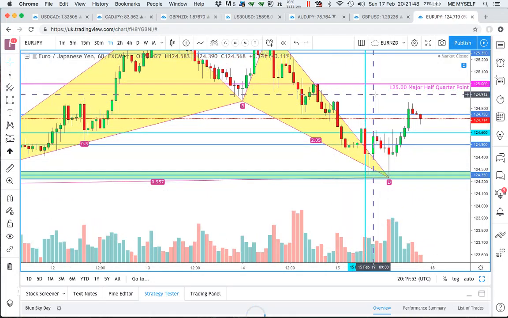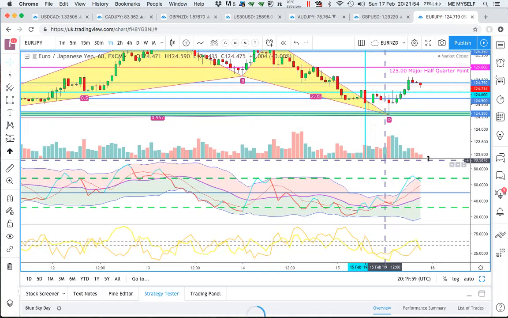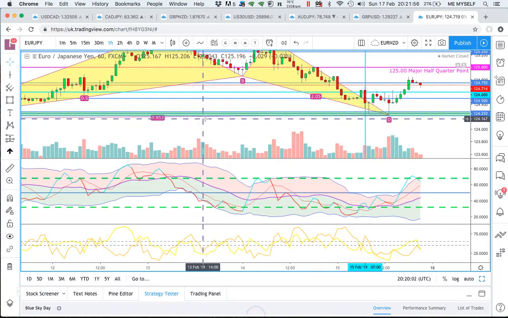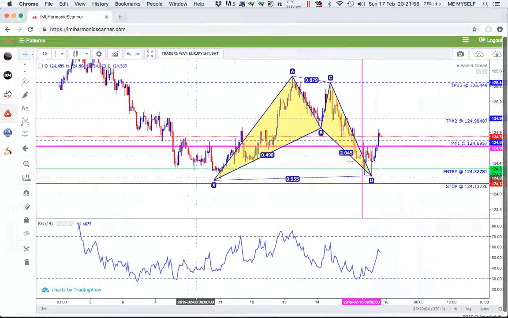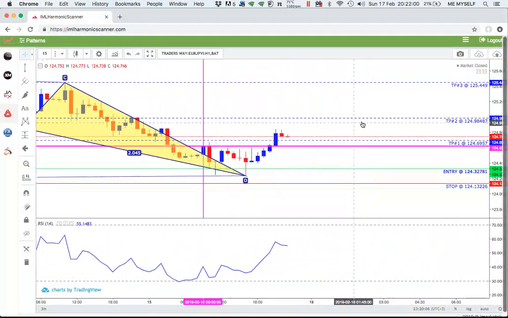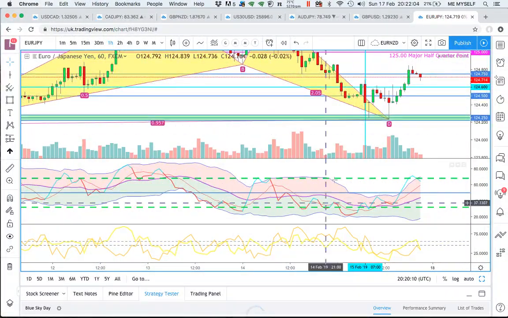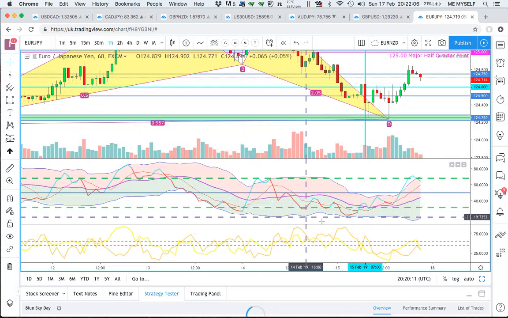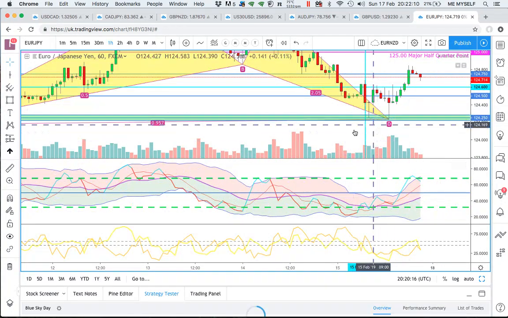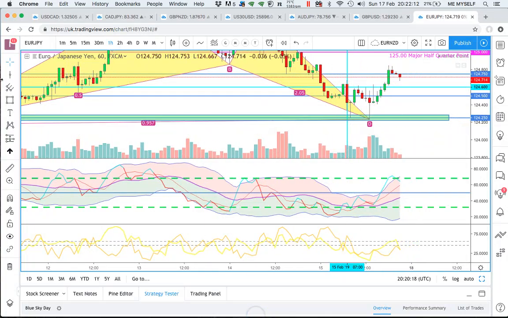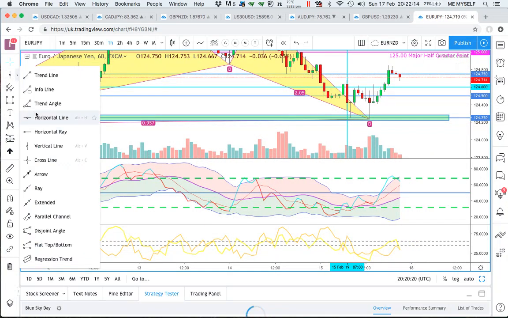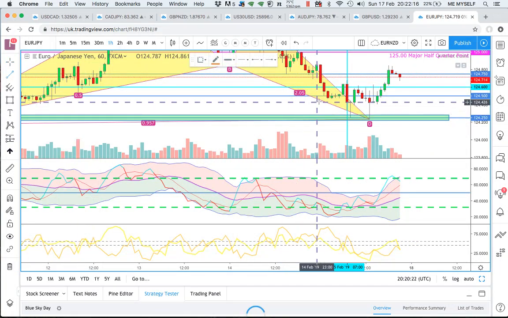Okay. Another thing, if you want to have another added confirmation, we could go to our RSI right here. You could look at it on this harmonic scanner if you want to, or you could look at it on this RSI right here. This RSI is basically the TDI, but it has the RSI and some other stuff there. But you could also see divergence happen, right?